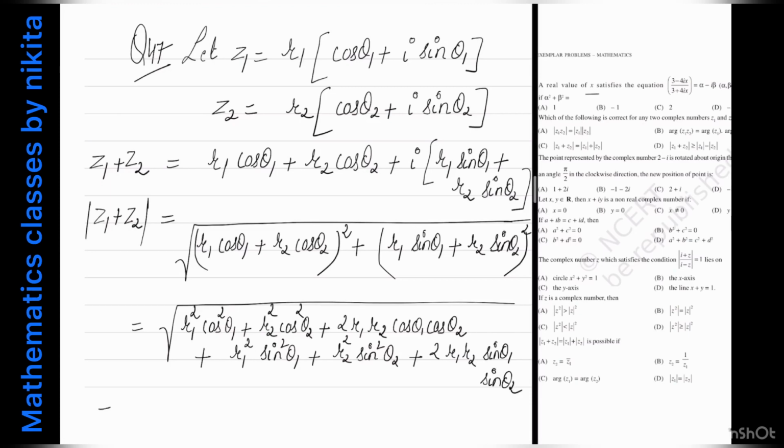Okay, now one thing which I want to tell you is, now you can see that I can combine this with this by taking r1 square common. और जब हम r1 square common लेंगे तो हमारे पास क्या बचेगा, cos square theta 1 plus sin square theta 1, which is 1.